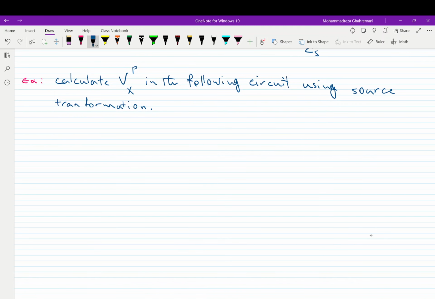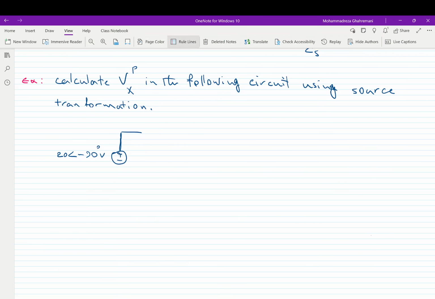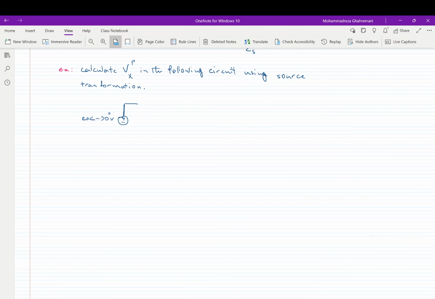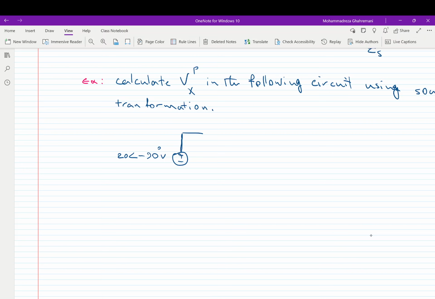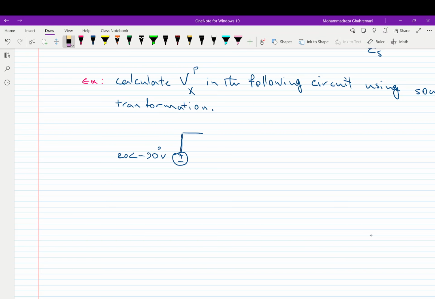Here is the circuit. We have a voltage source in phasor. It's 20 with the angle of negative 90 degrees volt. We have a 5 ohm resistor, 5 ohms resistor.